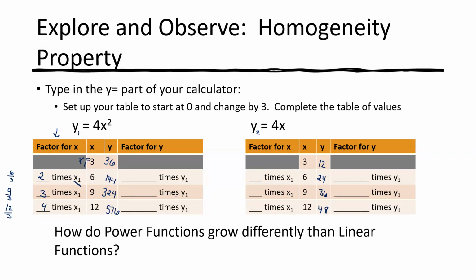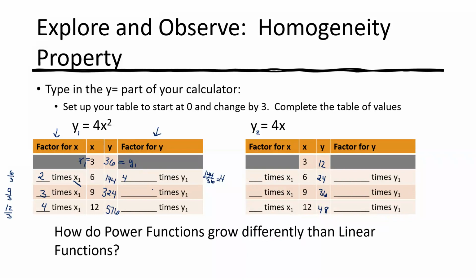Now, we're going to do the same thing for the y value. So we're looking at the factor for y. The first y value is 36, that's our y1, and that's what we're always comparing to. To fill in this first blank, I want to know 144, how many times bigger? So I'm going to take 144 and divide it by 36. And that gives me 4. So 4 times bigger. Now we will circle back to that.